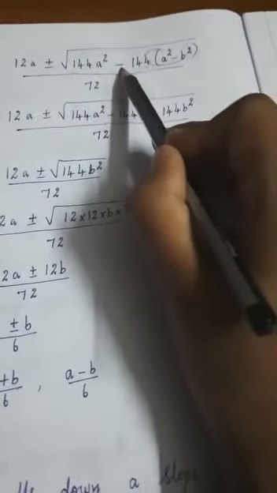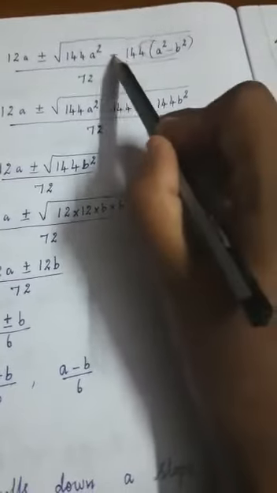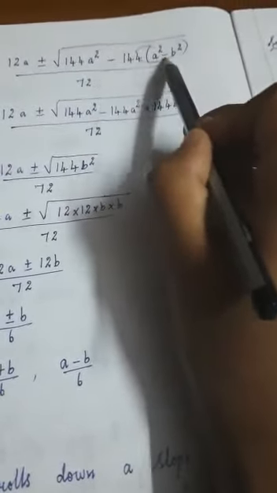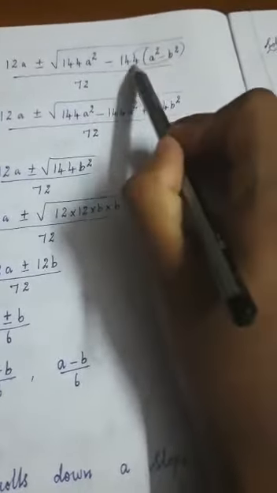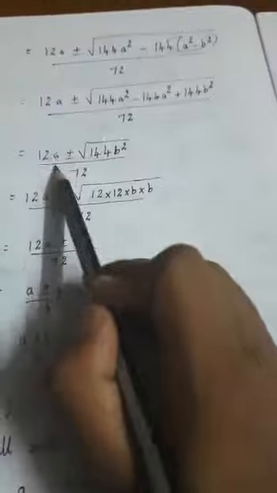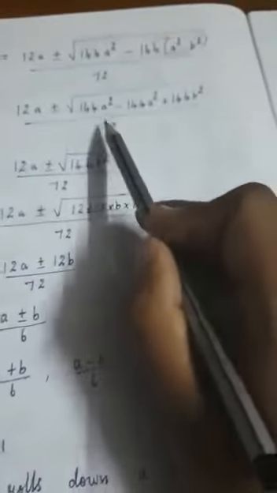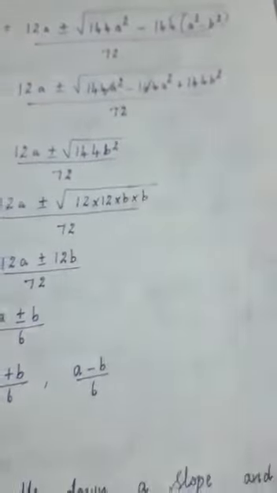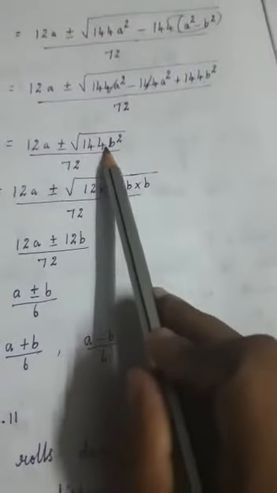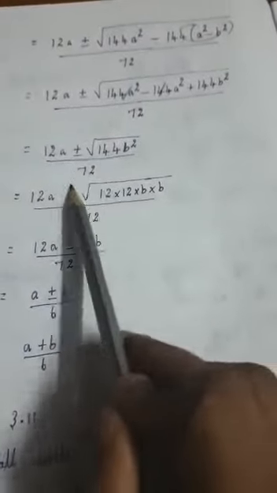The next part, minus 144 with minus b square, minus minus becomes plus, 144 into b square, that is 144b square. The next one, 12a plus or minus, now see here you have plus 144a square and minus 144a square. Can you cancel it or not? The remaining you write, root of 144b square divided by 72.